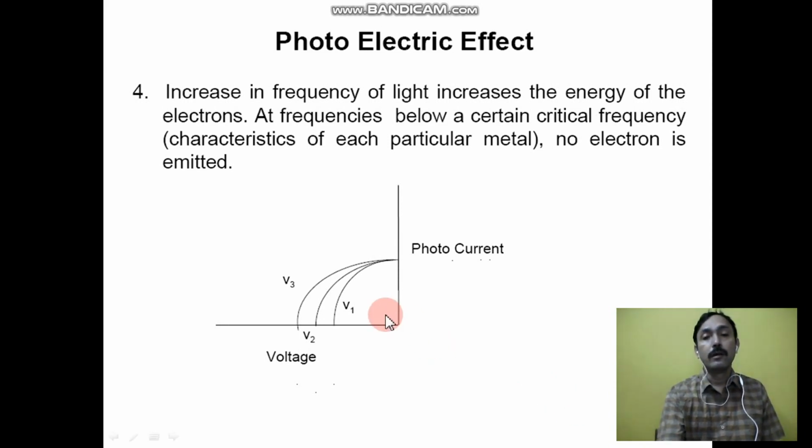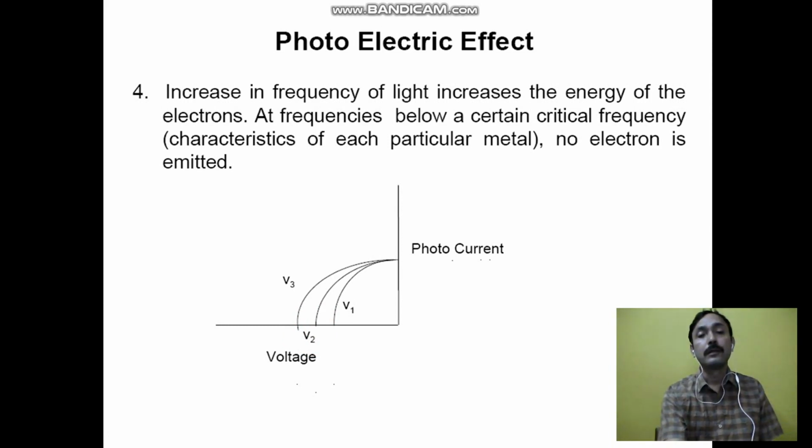So, for different frequencies, different voltages are required. Suppose V1 voltage is required for the frequency of light nu1, V2 voltage is required for the frequency nu2, and V3 voltage is required for the frequency nu3.